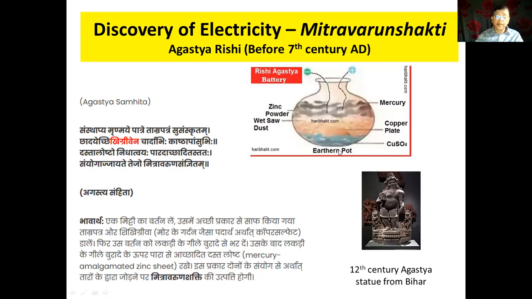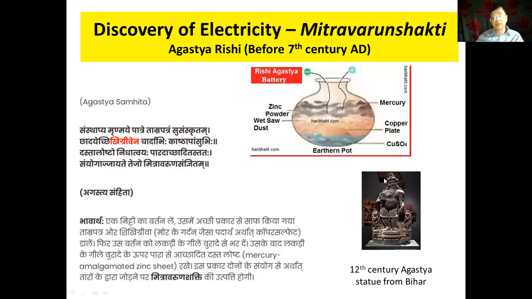He said, if you do that and combine them, you will generate electricity. The name for electricity, they say, is Mitra-Varun-Shakti. So they were aware of electricity generated in a cell. Discovery of electricity, Mitra-Varun-Shakti as they call it, before the 7th century AD.